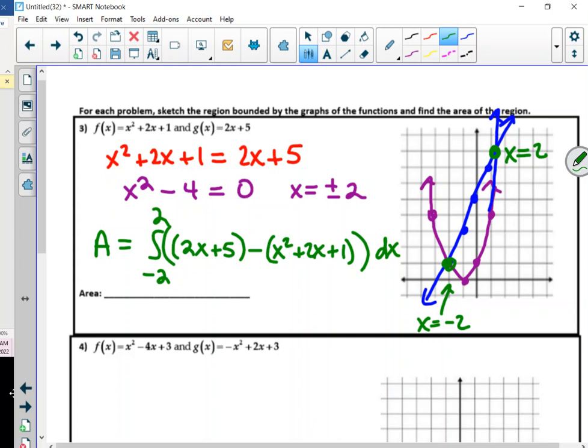If you ever want to simplify the subtraction of the two functions before you calculate the integral, you can. You can distribute this negative and combine like terms. Those are things that make it easier if you're integrating by hand, not so necessary if you're using the technology, but something you can do.